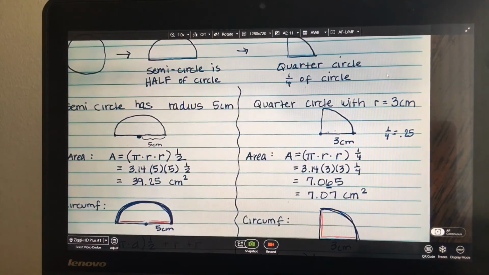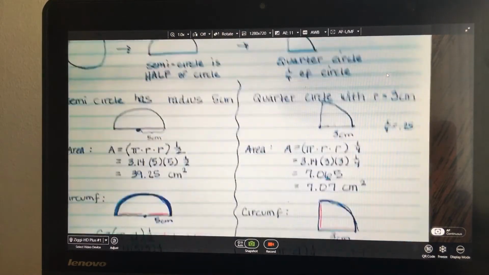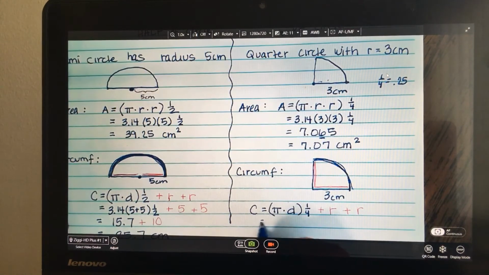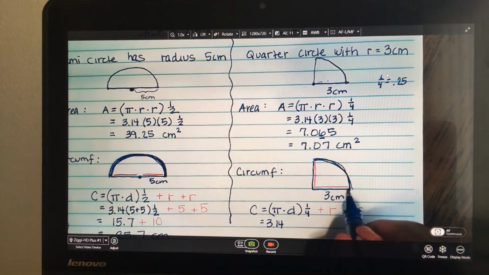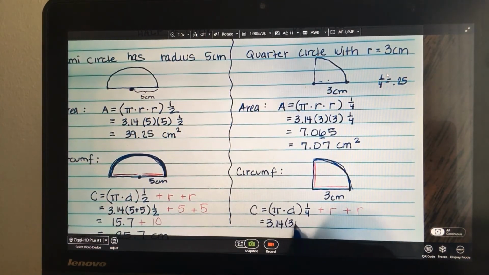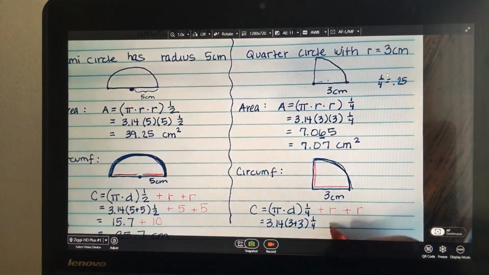So that will complete our distance all the way around this quarter circle. Sorry, let me scoot this up here. So 3.14 times the diameter, which would be 3 plus 3. We're going to use a quarter of that. And then plus those last 2 pieces, which are both 3 centimeters.